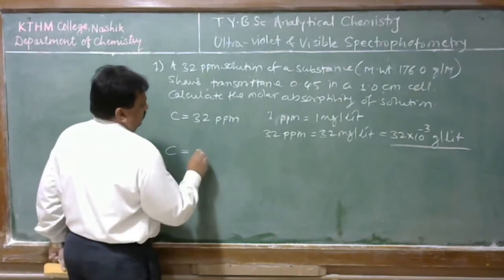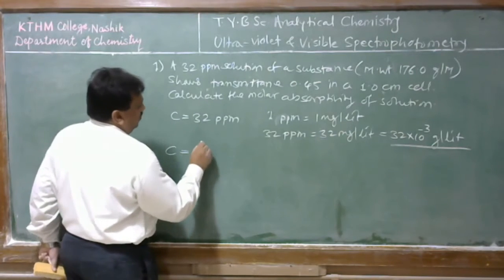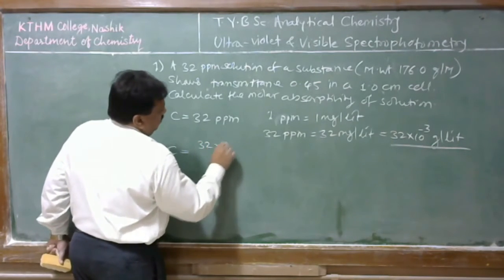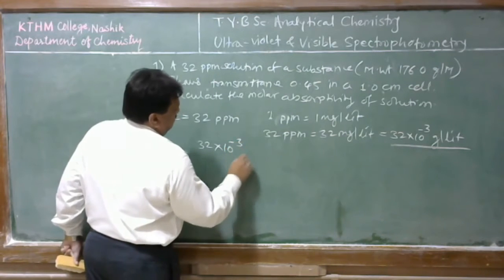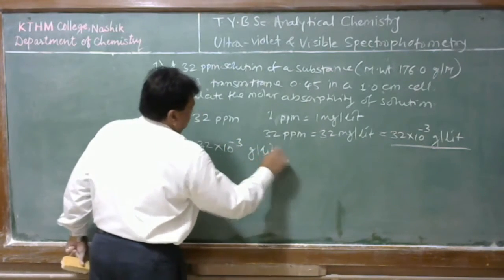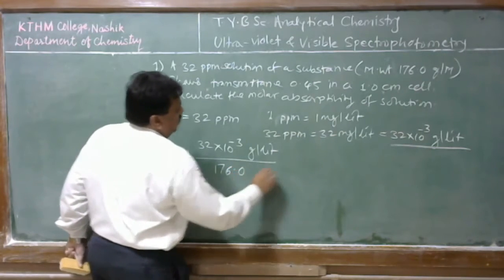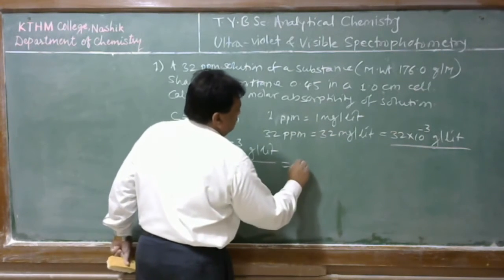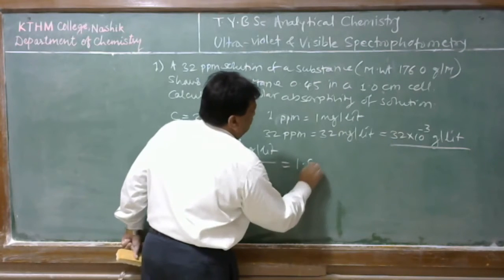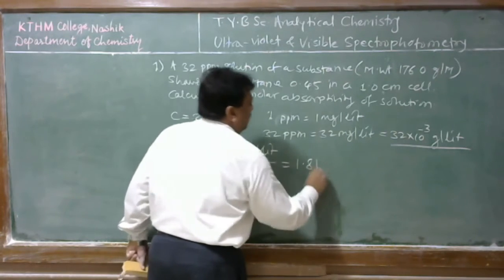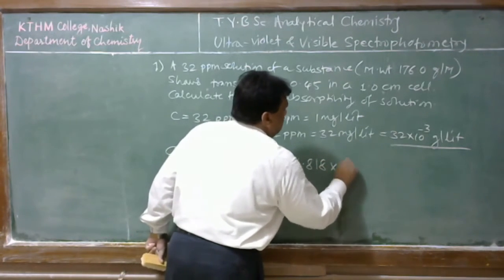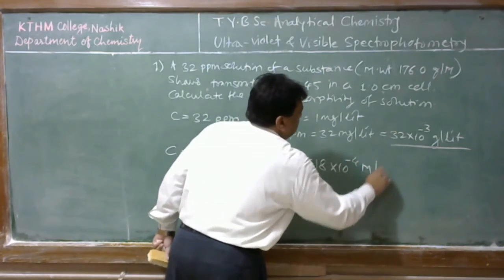Therefore, C, the concentration in moles per liter, is equal to 32 into 10 raised to minus 3 grams per liter divided by molecular weight 176.0, and when we calculate this we have 1.818 into 10 raised to minus 4 moles per liter.